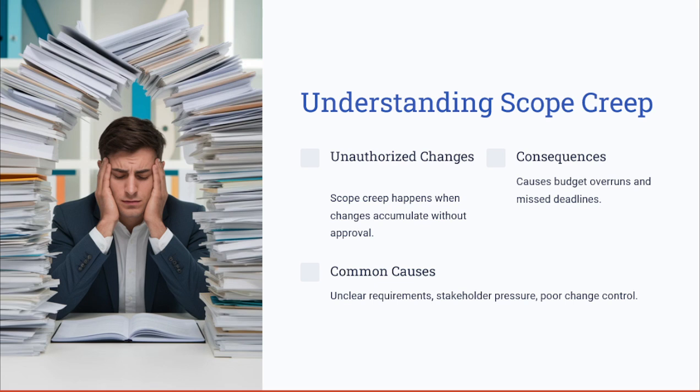And this often happens due to poorly defined requirements or changing stakeholder expectations and not following a structured change control process. Preventing scope creep requires strict requirements documentation, stakeholder alignment, and strong change management policies. Scope creep causes budget overruns and missed deadlines.